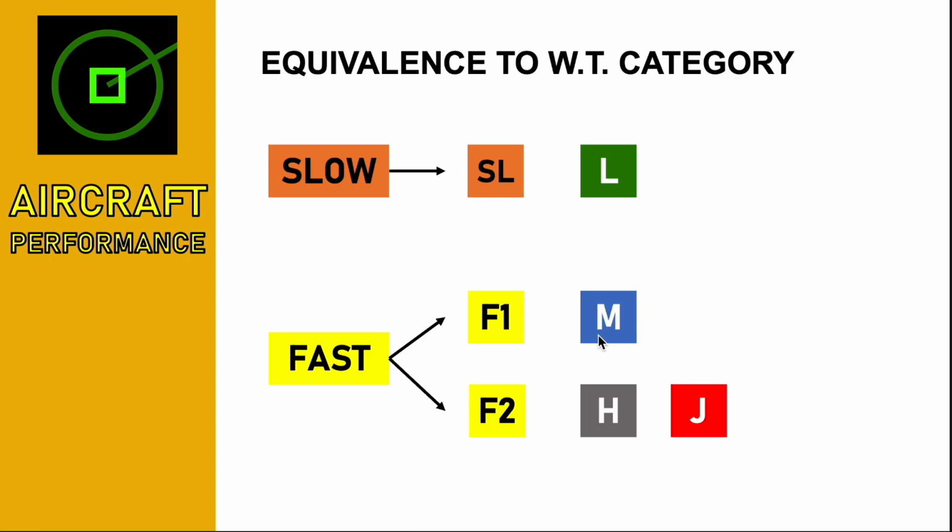Then, every traffic that is medium, and of course you're not going to see the M on the radar, is going to be considered as fast one. And the heavies and the supers are going to be considered as fast two. Why this? Because you only have the reference of the wake turbulence category, so this is the equivalent of the aircraft performance.